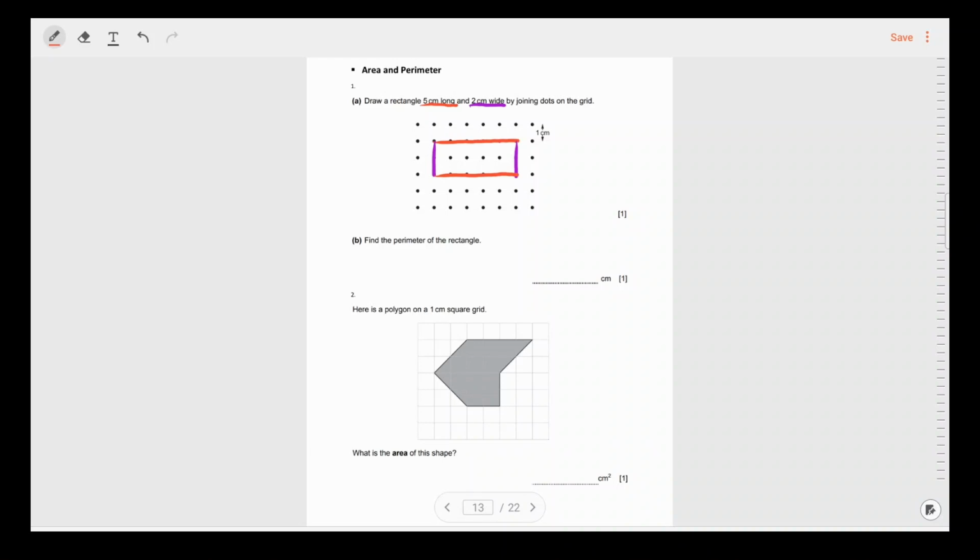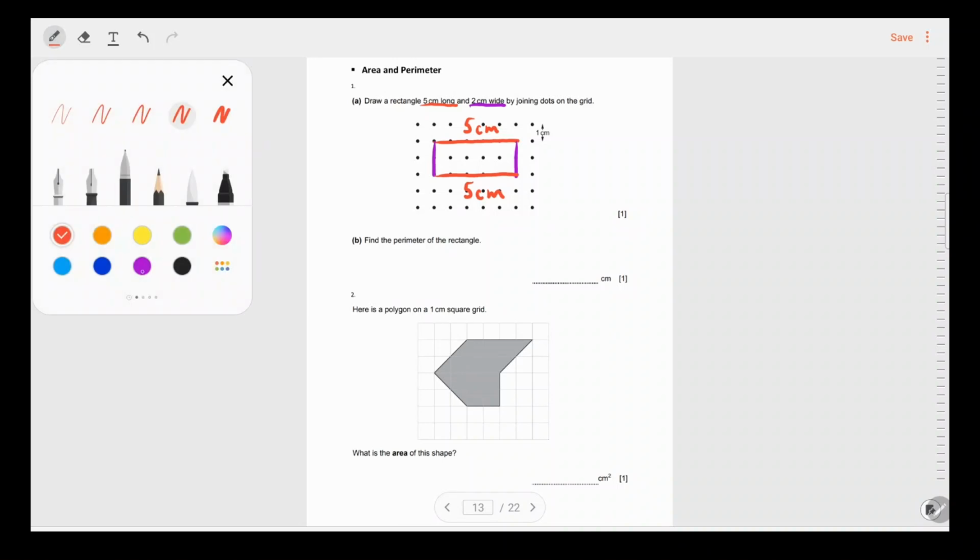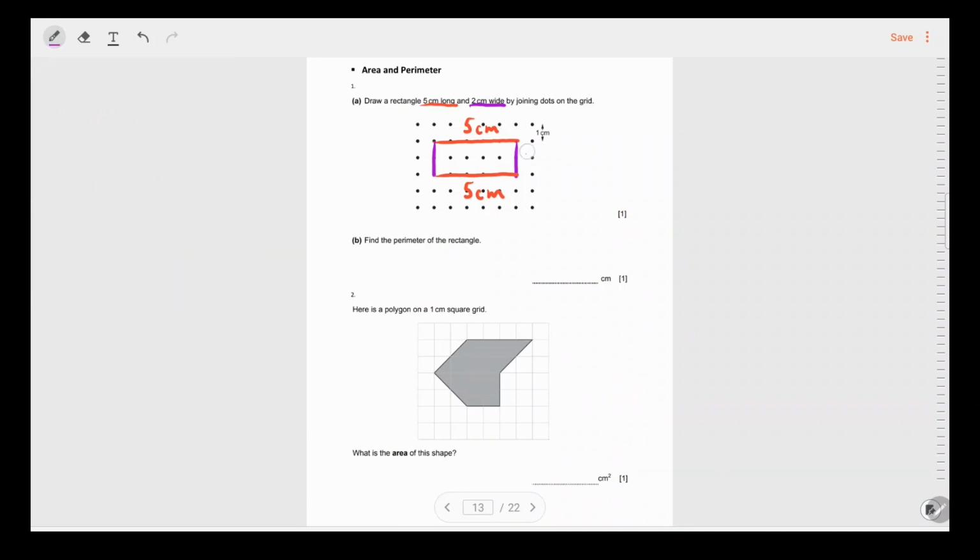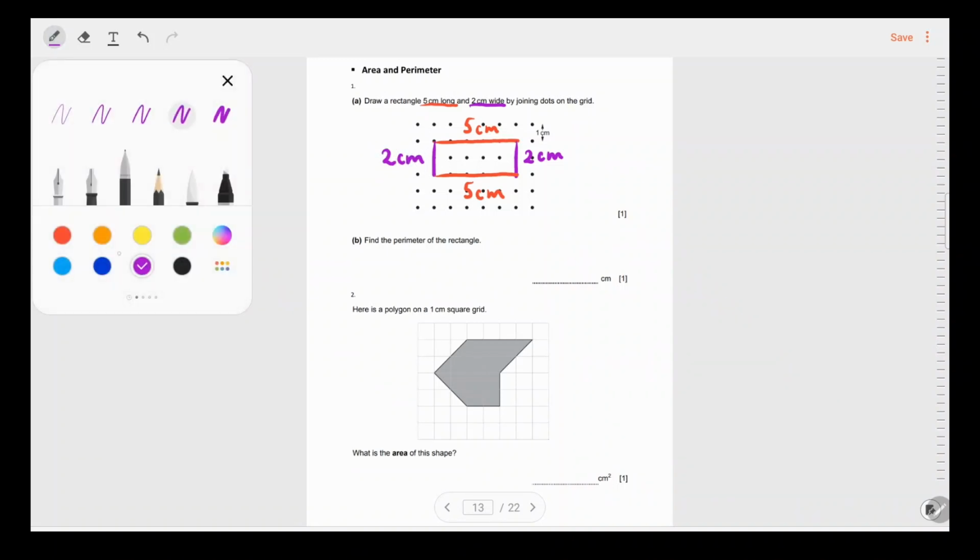Next question says find the perimeter of the rectangle. So we know that in this rectangle, the sides are 5 centimeters here, 5 centimeters here, and then 2 centimeters on either side, because opposite sides of a rectangle are the same length.